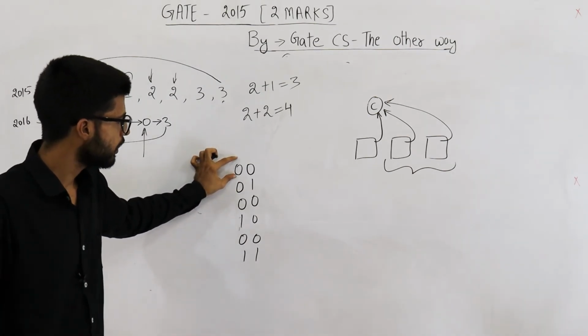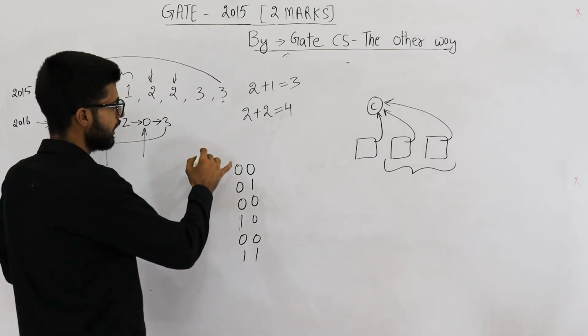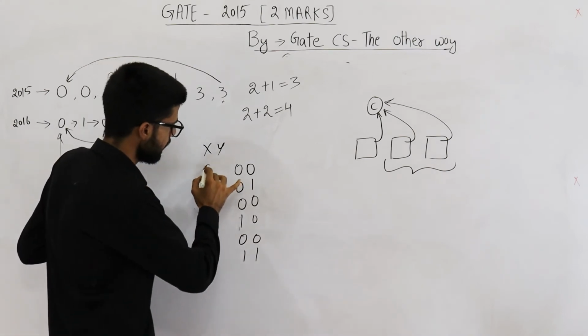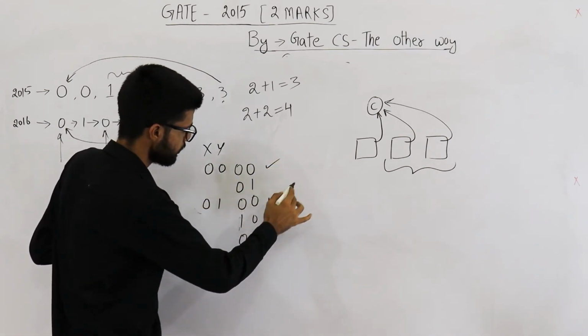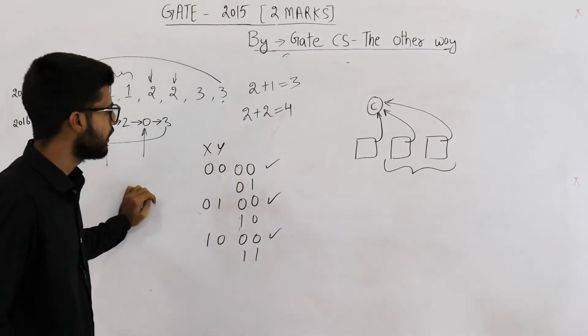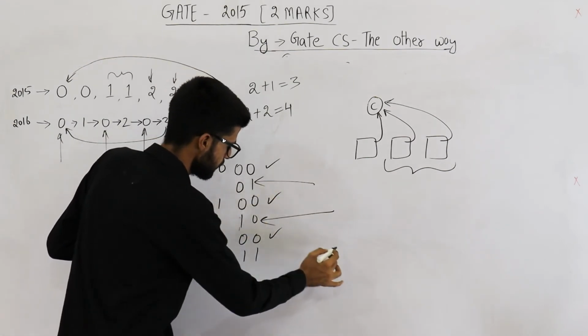Now we need to identify, if the current state is 0, which 0 it is. For that I am reserving 2 bits called x and y. Let us say xy is 0, 0 for this 0, 0, 1 for this 0 and 1, 0 for this 0.